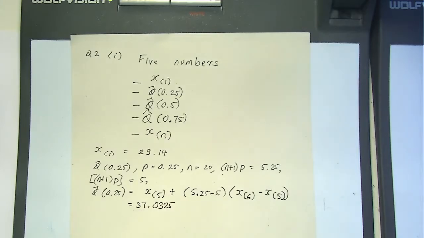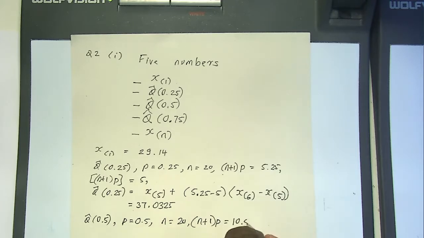Yeah, that's the first quartile. Now the median: your P is 0.5, N is 20, N plus 1 times P is 10.5. The integer part is 10, right? So your Q hat at 0.5 is 10.